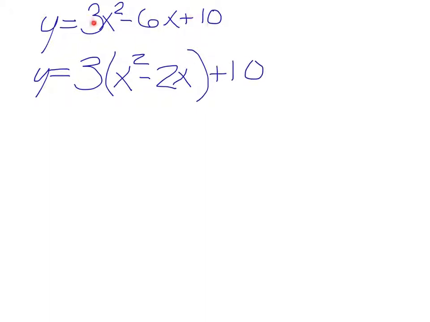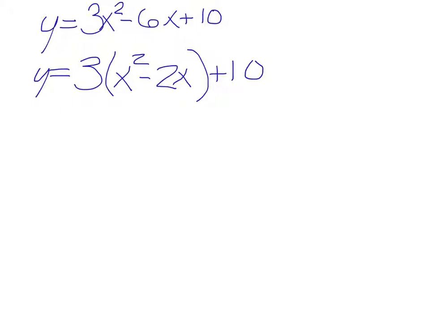The idea is, I'd really like for there to be a 1 in front of that x squared, but I can't quite get it there. So I have to force the equation to have an implied 1 in front of that x squared. I do that by factoring out a common factor from 3 and 6. 3 goes into 3 once and into negative 6 twice, so I'm able to put an implied 1 here and a negative 2 there.